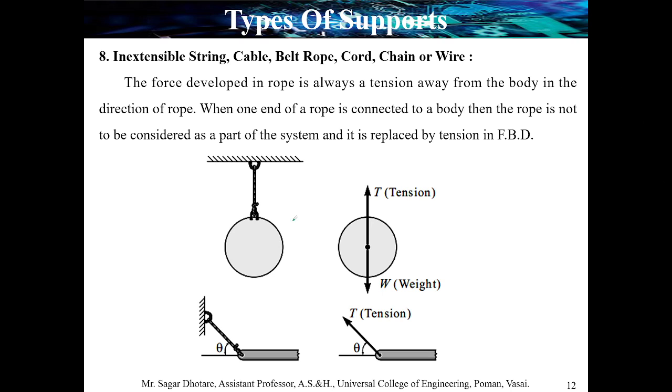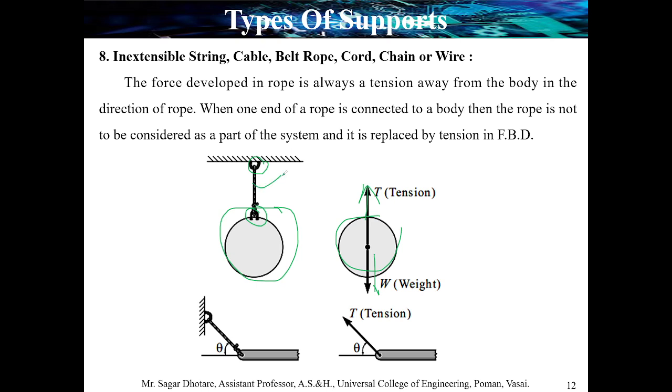For example, a cylinder is hung vertically with the help of a cord. First of all, the weight of the cylinder acts in the downward direction, and there is a string between this point and this point. So obviously the tension occurs in this string, and we only consider the tension.